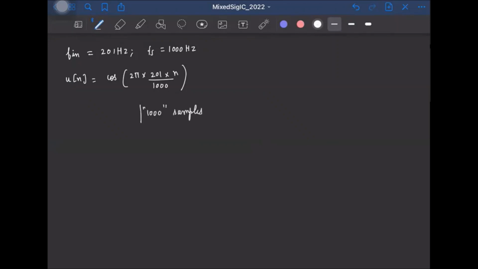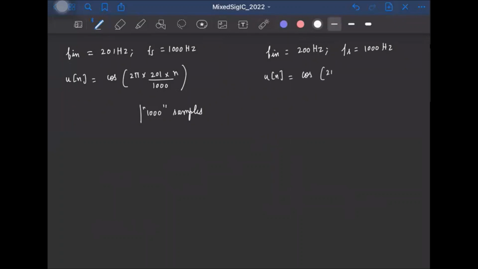fed it to a quantizer and observed the quantization noise, like a histogram, and I found that the distribution was uniform. For the second case, I chose a frequency of 200 Hertz, with the sampling frequency the same, 1000 Hertz. In this case, what is the discrete time sequence I get?